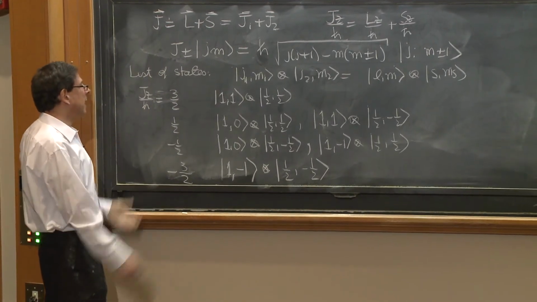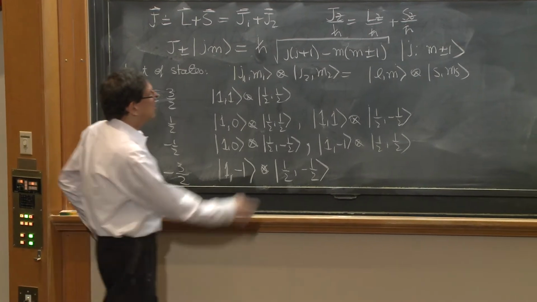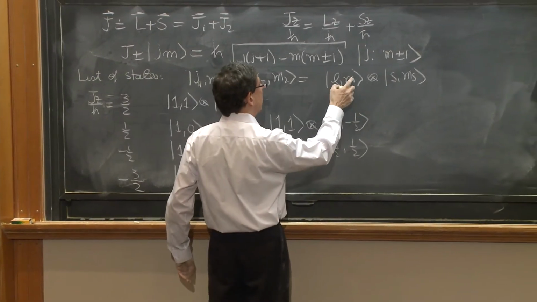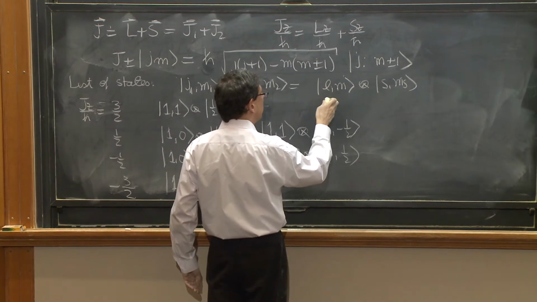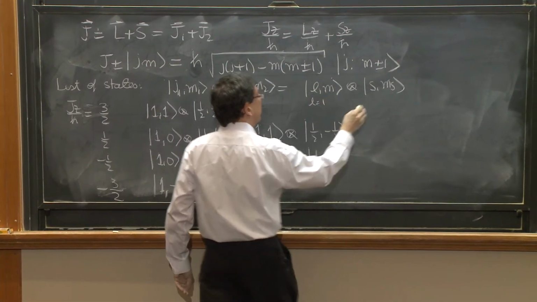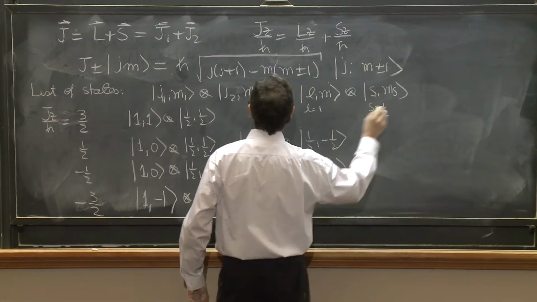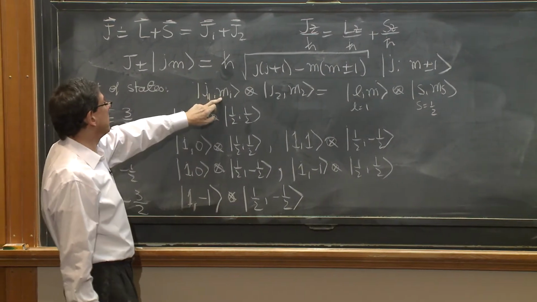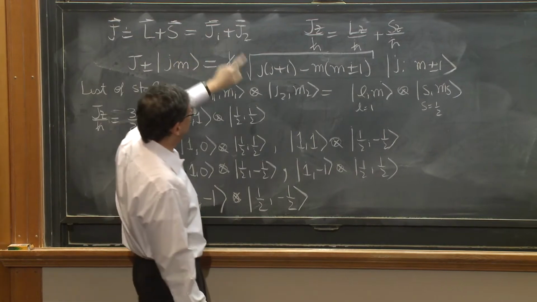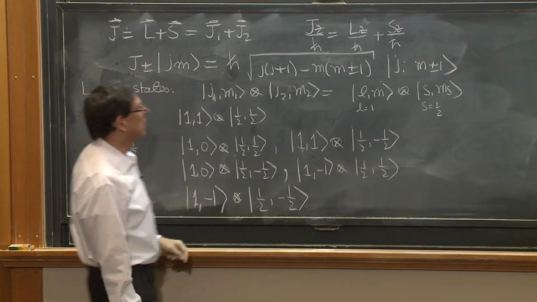Now, what were the states that we're talking about? They were states of L and M and S and MS, actually L equals 1 and S equals 1/2. And those are like J1 and M1 if you're adding two arbitrary angular momenta, J2 and M2.